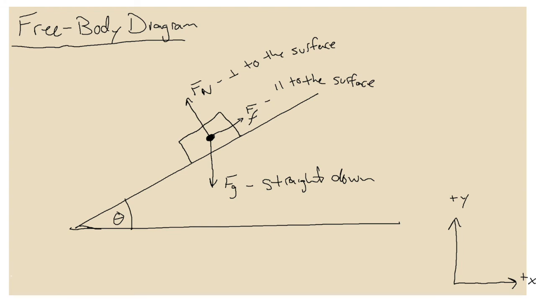But rather than take the two forces that don't act on the y-axis or the x-axis and break those into components, we could just break the force of gravity into components.